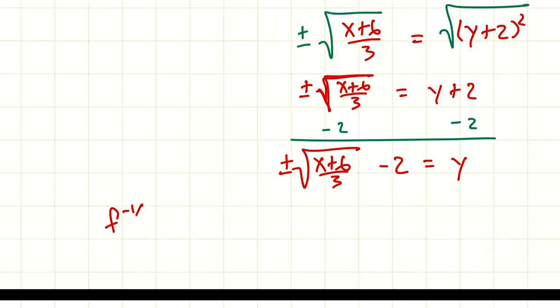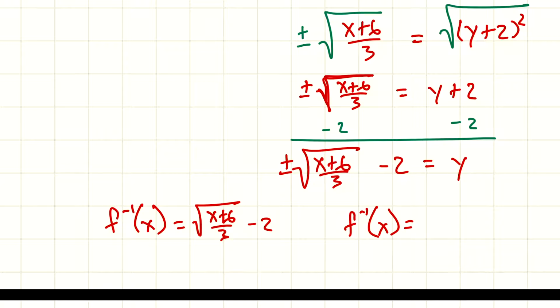One inverse is going to be a positive square root of x plus 6 over 3 minus 2, and we have a second one that's going to be negative square root of x plus 6 over 3 minus 2. All right, so we actually have 2 equations.